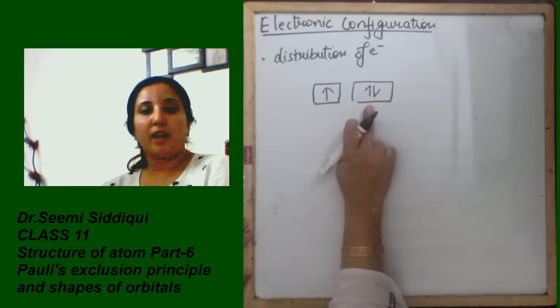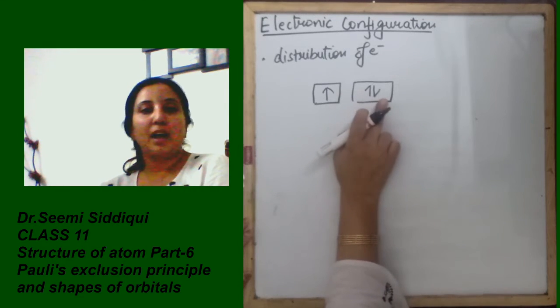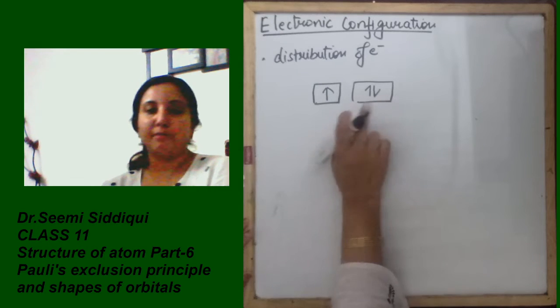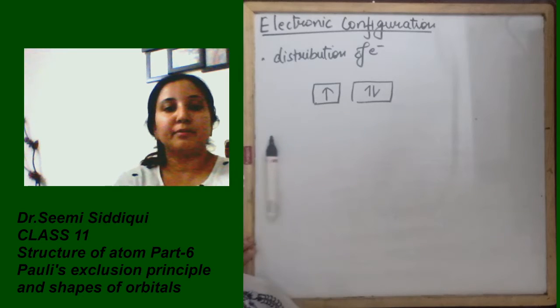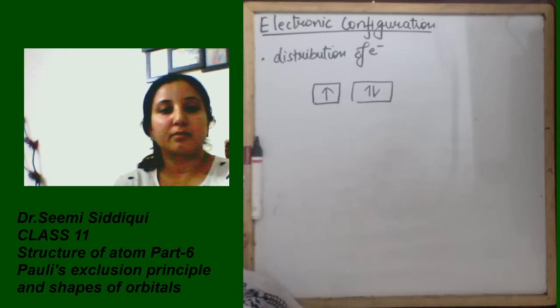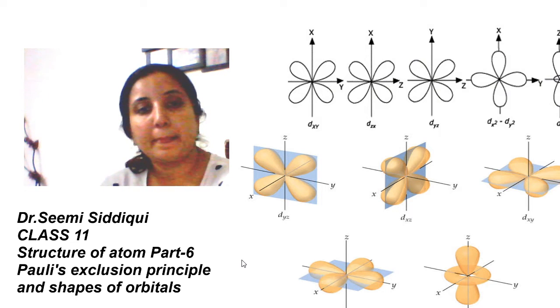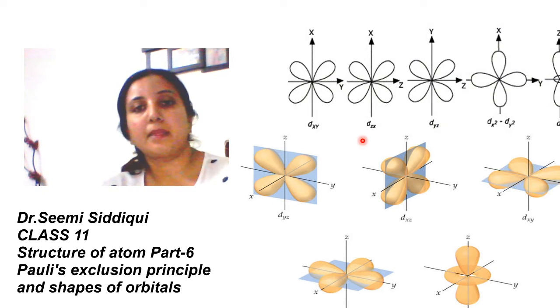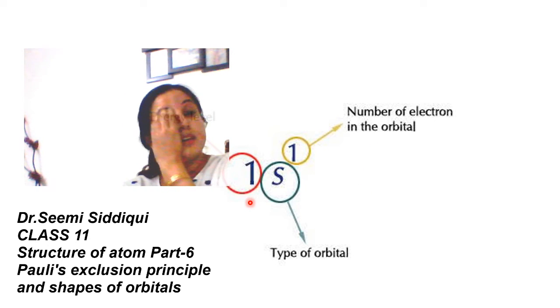It has the opposite spin. Spin means plus half and minus half. Let's look at how to write the electronic configuration.